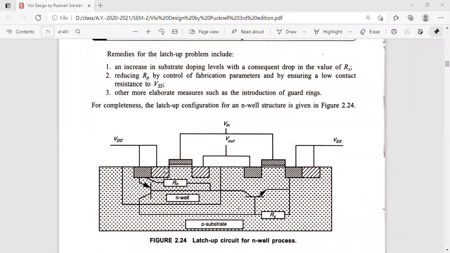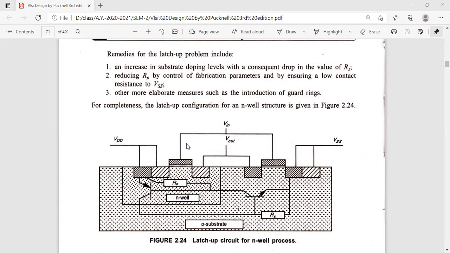Instead of that, we can increase the concentration of the substrates also, just to avoid the formation of these NPN and PNP bipolar transistors.